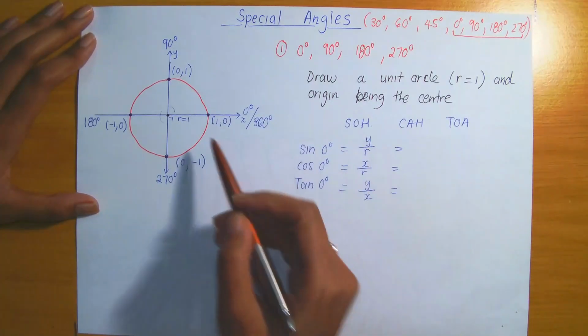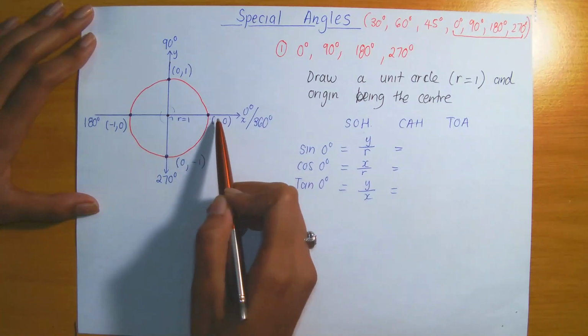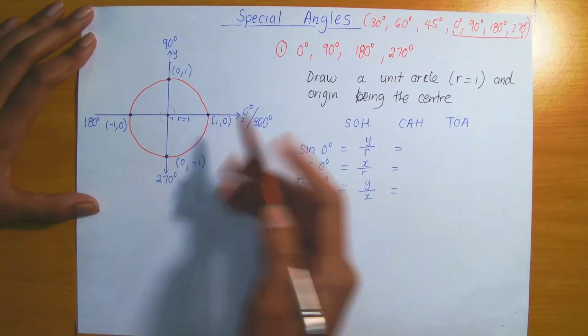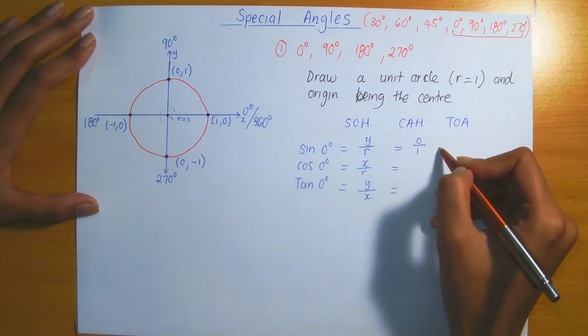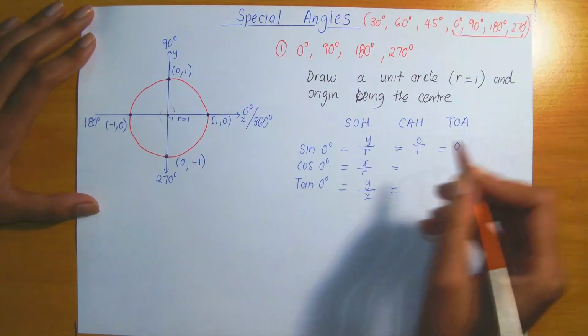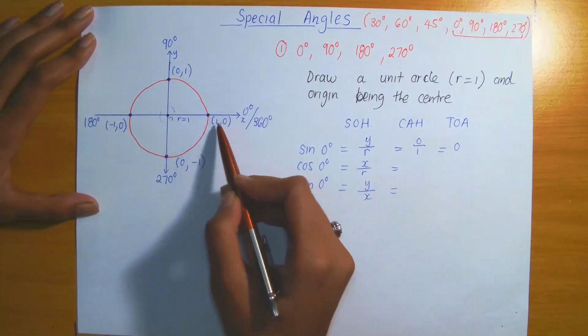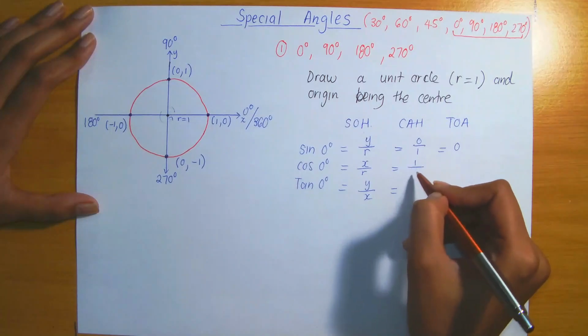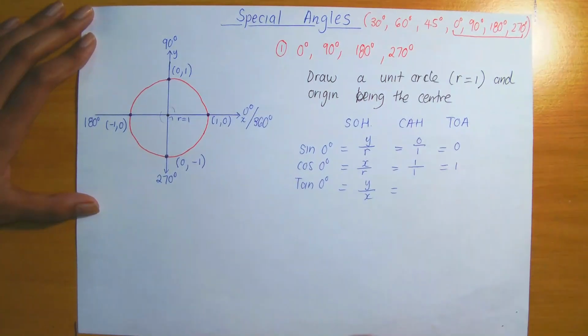What is y? If we're looking at 0 degrees, we are working with the coordinate 1, 0. Y is 0 and r is 1. So sine of 0 is 0. For cos of 0, we need x over r. What is the x coordinate? That was 1. So that's 1 divided by radius of 1, and our answer is 1.